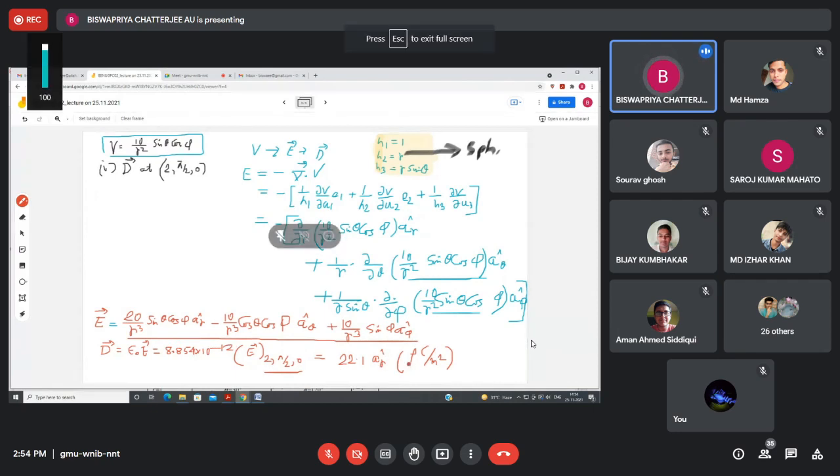Its unit must be picocoulomb per meter square. So once you have got E, you have evaluated D. There the first part is over. So please tell me if there is any question. I am giving you 1 minute time. Go through this expression and please let me know whether there is any question or not.